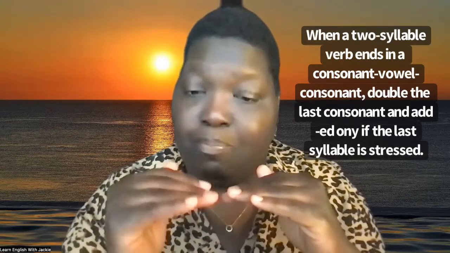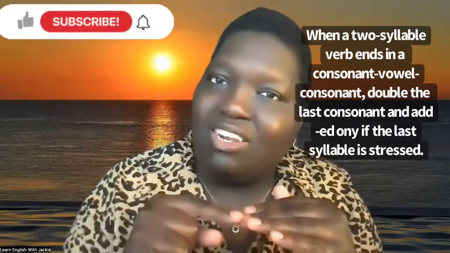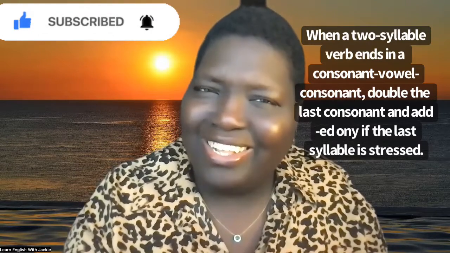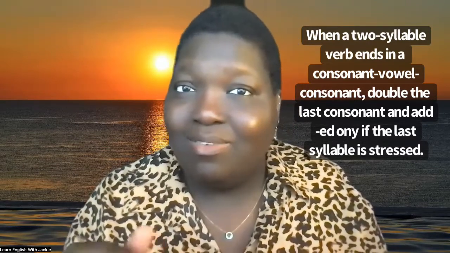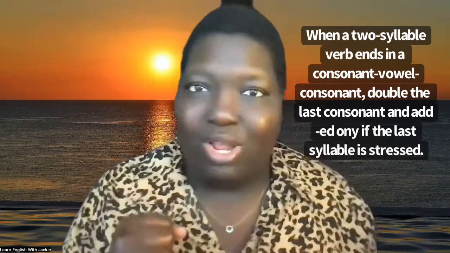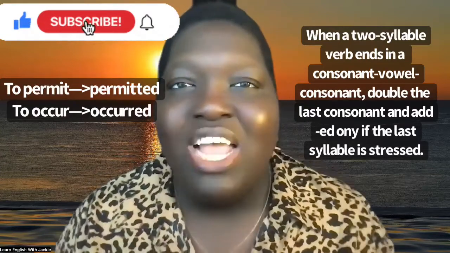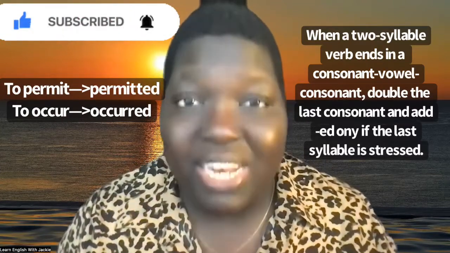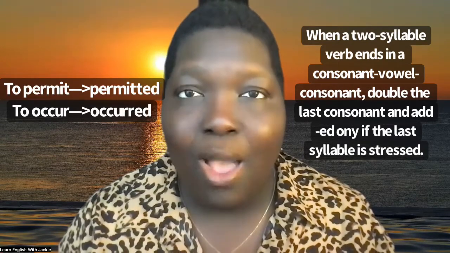And if that part is stressed, you add another consonant, right? You double that last consonant. For example, let's do to permit. It's stressed: to permit. So in the simple past, it would be permitted. Repeat. Permitted.